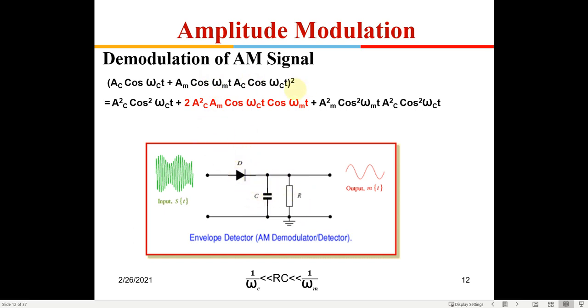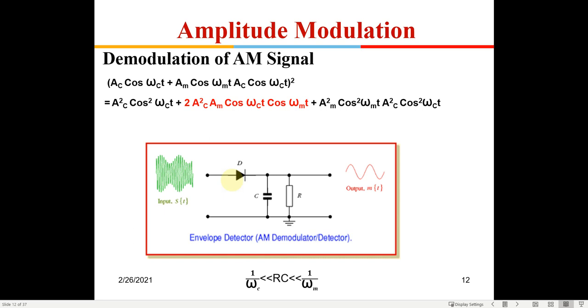So how to do this multiplication? You don't require a complex multiplier. You can just put a diode. A diode is not a linear component. A linear component is one where, if I give Vin, the output is K times Vin. Whereas a diode transmits only in one direction, so it introduces non-linearity.